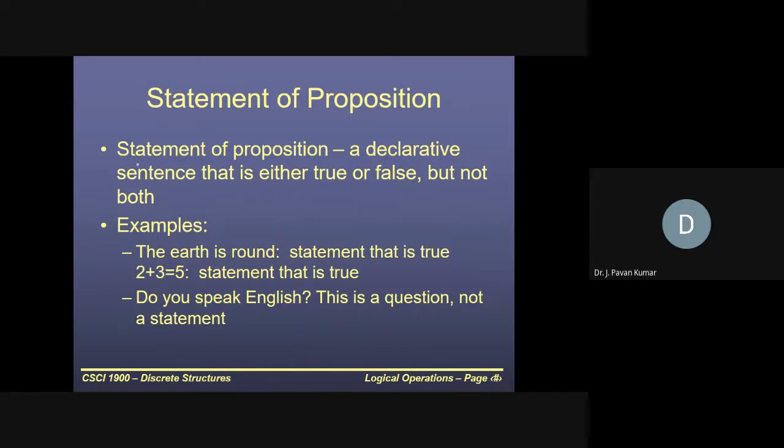So coming to the definition, a statement or proposition is nothing but a declarative sentence that is either true or false, but not both. For example, x minus 3 equal to 2. Can we consider it a statement?